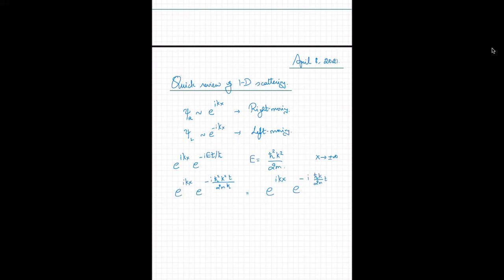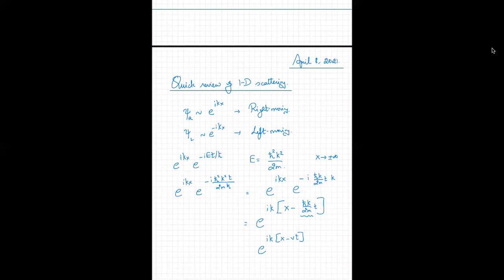I can simplify this by writing it as e to the ik times x minus h bar k over 2m times t. This has the right dimensions of velocity, so I can write this as e to the ik times x minus vt, which represents a wave traveling to the right with a velocity v, which is given by h bar k over 2m.